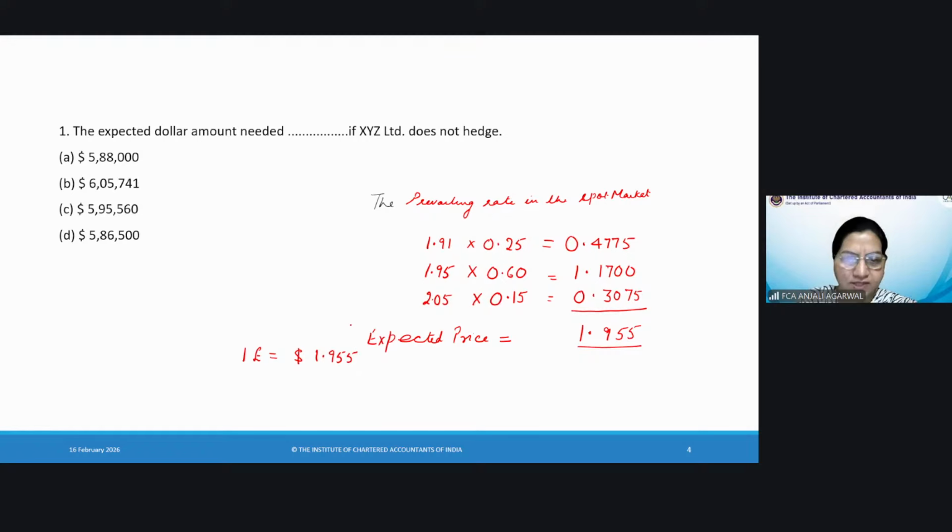So if this is multiplied by the required $300,000, our answer would be 586,500, right? So this is the expected dollar amount needed if XYZ does not hedge. There is no forward contract, no money market hedge, no option contract, and it will cost us 1.955.